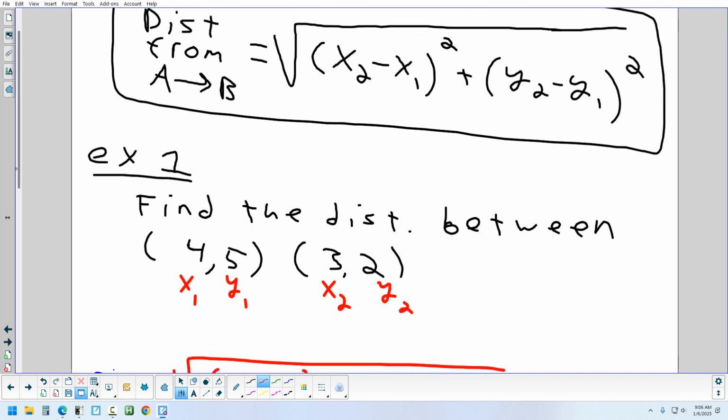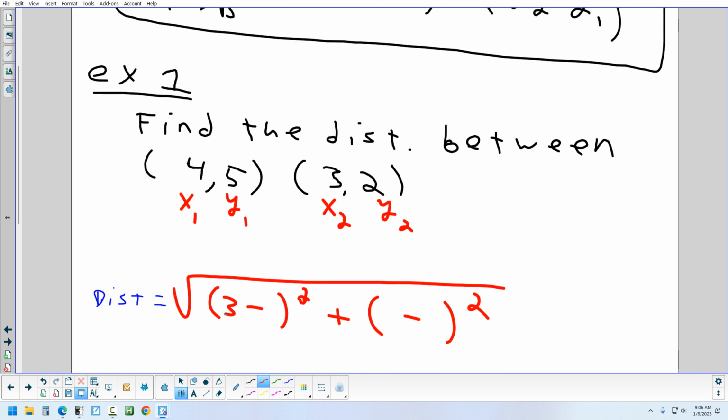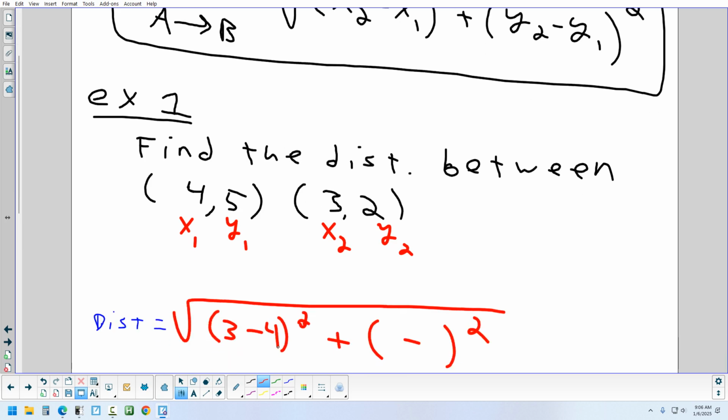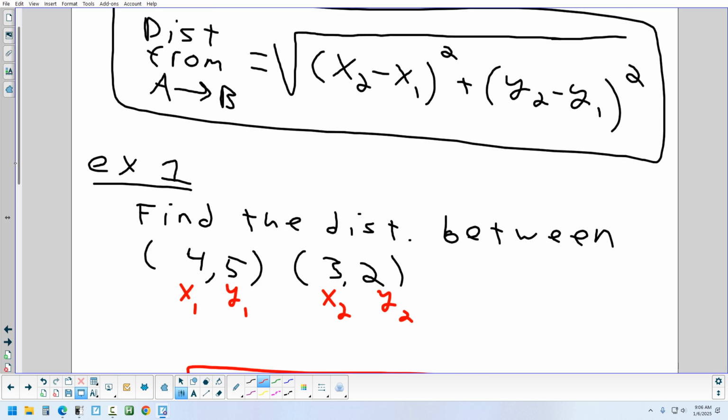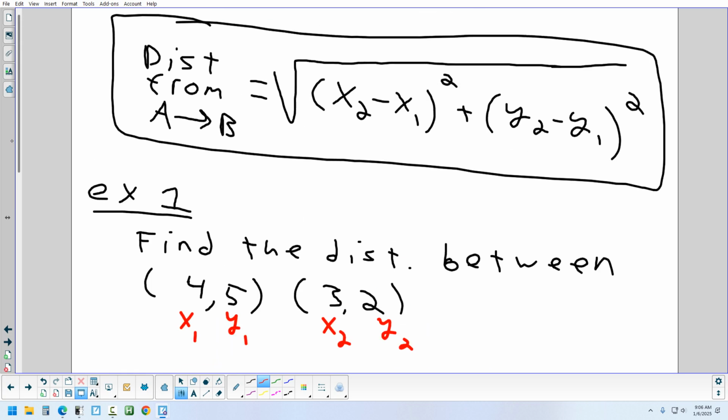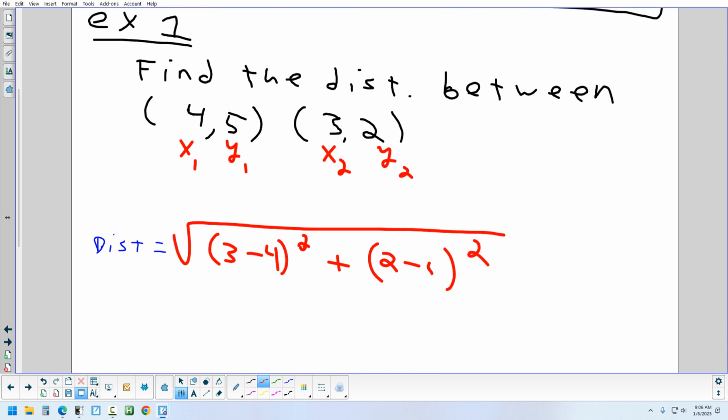Okay, so first thing I fill in is x2. Next thing I'm going to fill in is x1. Then we fill in a y2, which is 2. Then we're going to fill in a y1, which is 5. Okay, let's see what we got. Okay, 3 minus 4 is going to give me how much? -1.